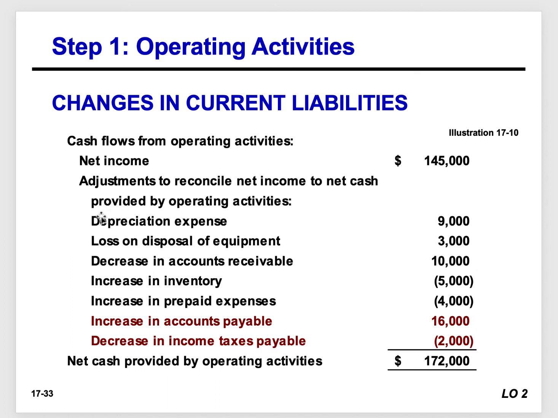So just make sure you have it in your notes, right? When we're focusing in on analyzing these non-cash current assets and current liabilities, a decrease in a current asset is added, right? If we have an increase in a non-cash current asset, we subtract.